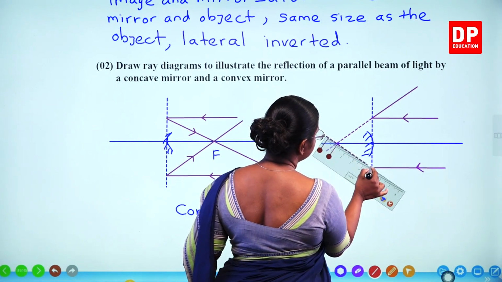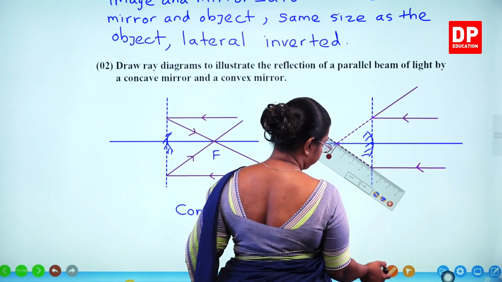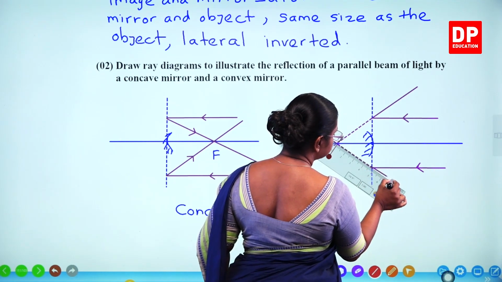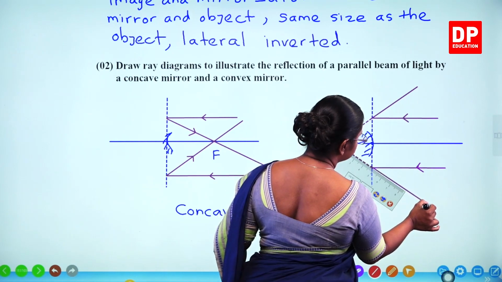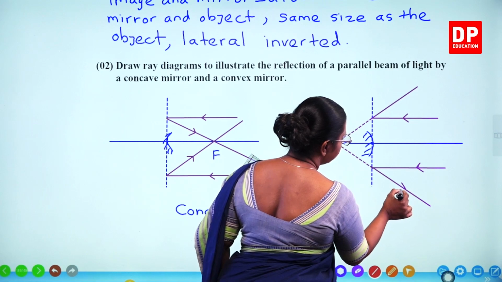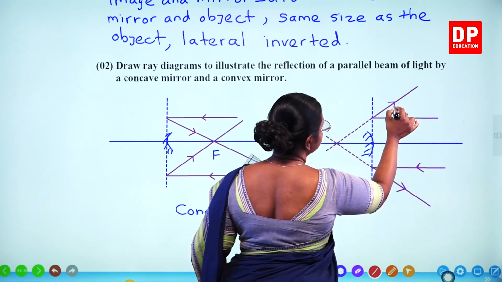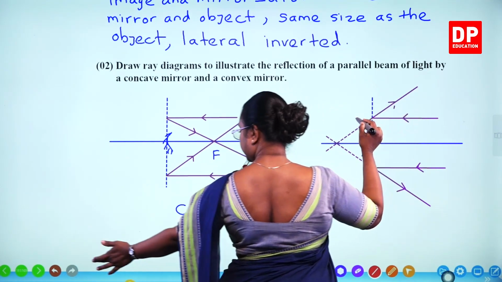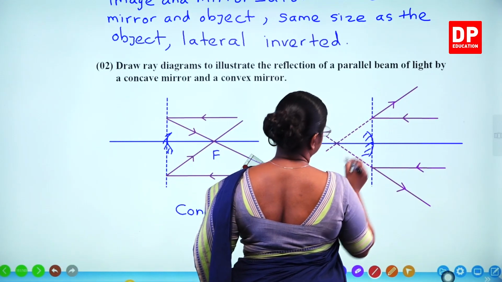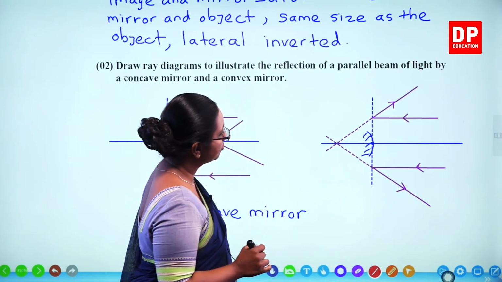So here, this is one ray, this is the other. So those are the two rays.